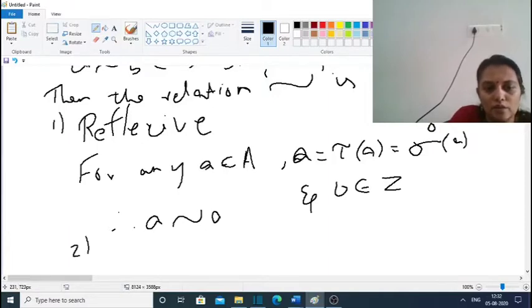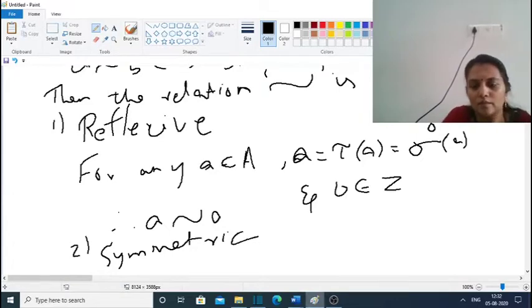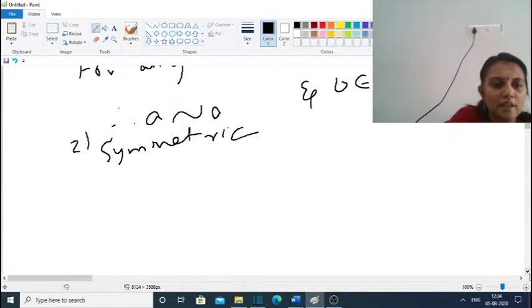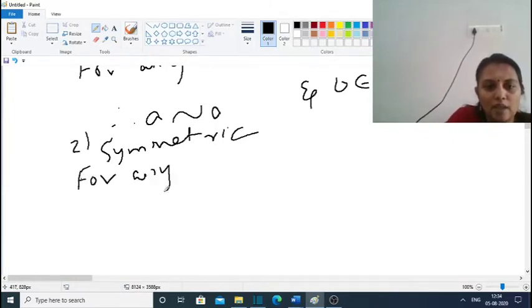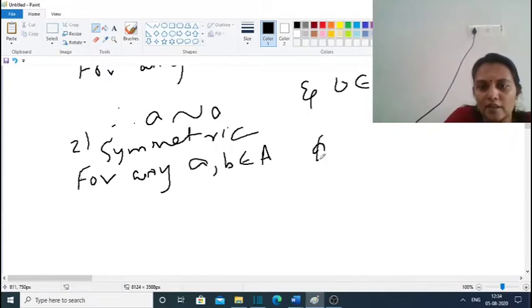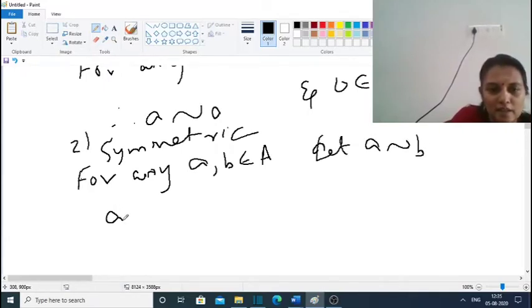Now we have to show that it is symmetric. For that, take any a, b element of A, and let a be equivalent to b, that is b is equal to sigma raised to n of a.